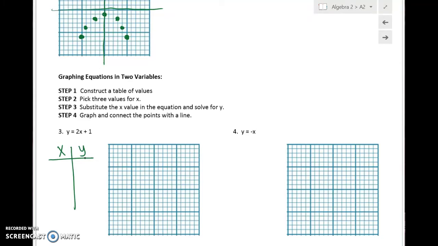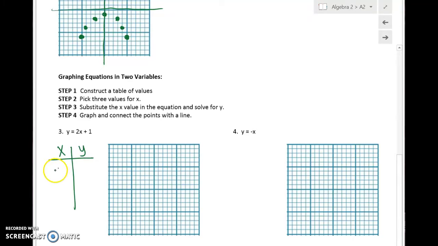I like to look at the equation we're working with, like say that was 1/2 x instead of 2x. Is it easy or difficult to do half of an odd number? More difficult than doing half of an even number. So based on what equation you're plugging into, think about what x values would be easy to plug in and pick those.